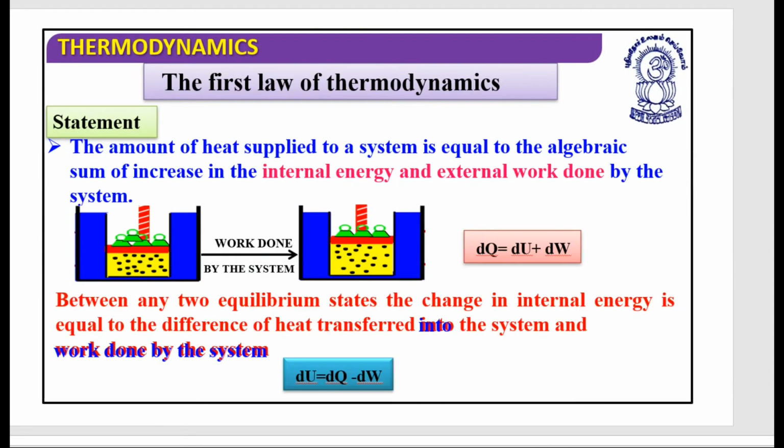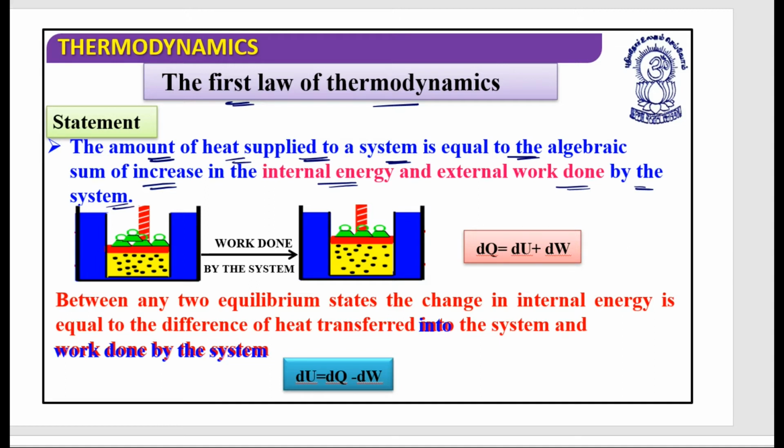Now let's begin with the first law of thermodynamics. It states that the amount of heat supplied to a system is equal to the algebraic sum of the increase in the internal energy and the external work done by the system.